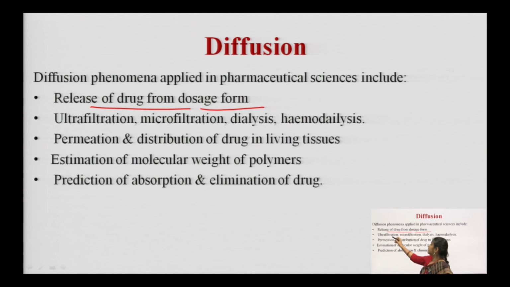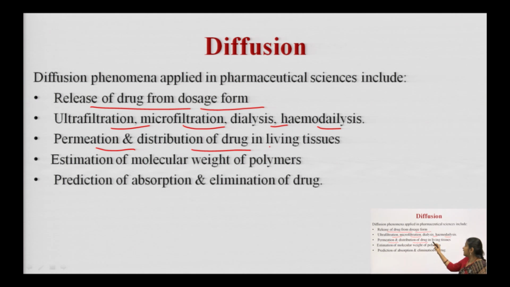Then in ultrafiltration, microfiltration, dialysis, hemodialysis, this diffusion phenomenon is used. In permeation, distribution of the drug in living tissues, it is also used to estimate the molecular weight of polymers, and to estimate the absorption and elimination of the drug from the body.